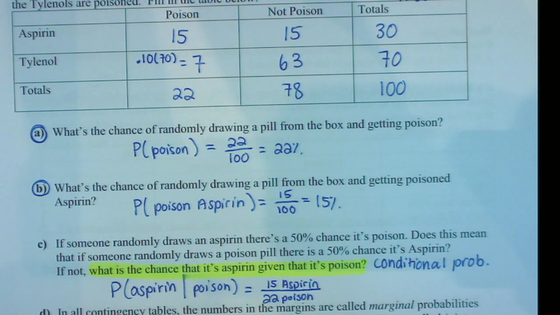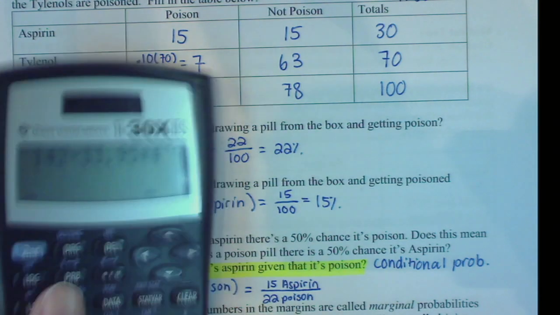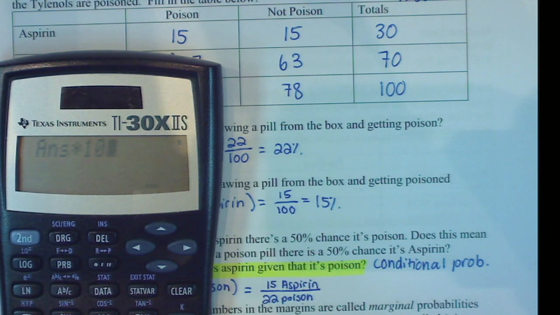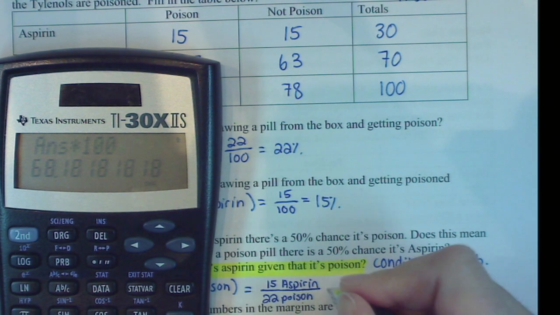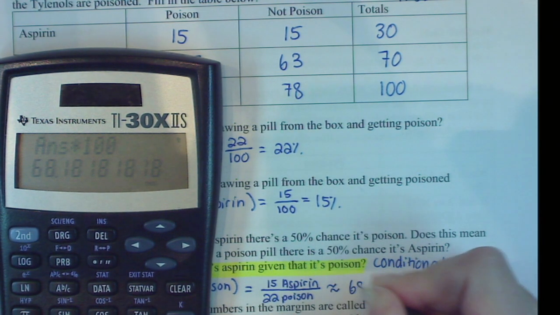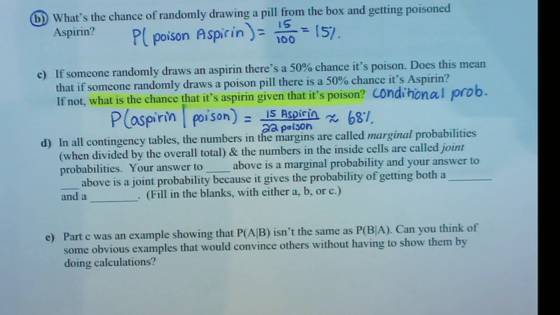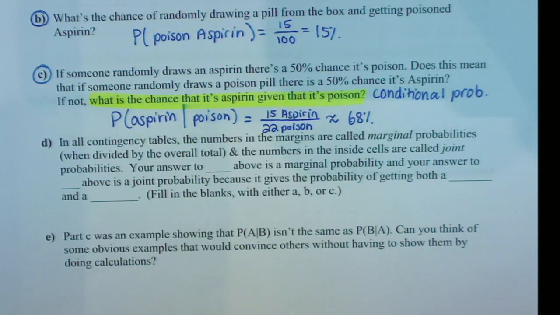If I wanted to change this to a probability, it's definitely not 50%. 15 out of 22 is 68%. We can multiply it by 100 to get it in percent form, and this is about 68%. Okay, so my table definitely helped me with that.